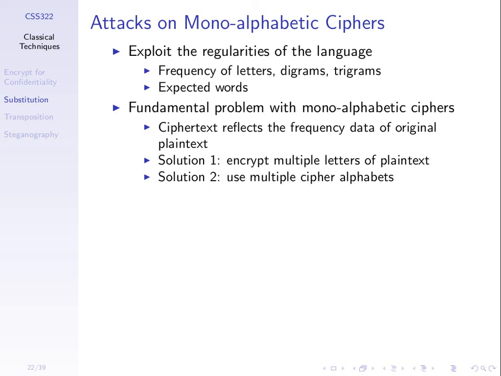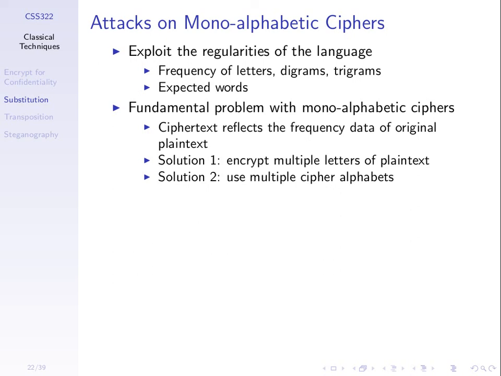Not just letters, digrams. Digrams are pairs of letters. So some digrams appear more frequently than others. And trigrams, triples of letters. THE occurs very frequently, much more frequently than ZQF.